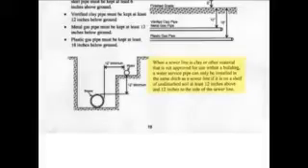Let's start with when a sewer line. So let's highlight when a sewer line is clay or other material that is not approved for use within a building, a water service pipe can only be installed in the same ditch as a sewer line if it is on a shelf of undisturbed soil at least 12 inches above and 12 inches to the side of the sewer line.